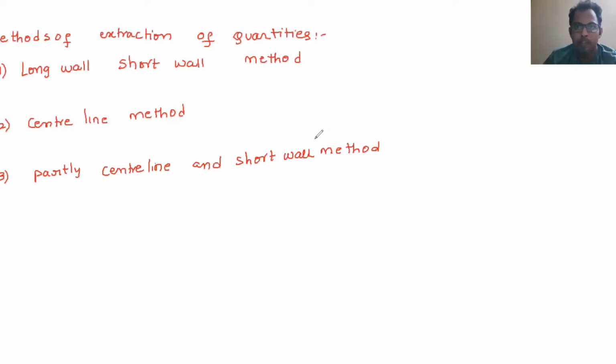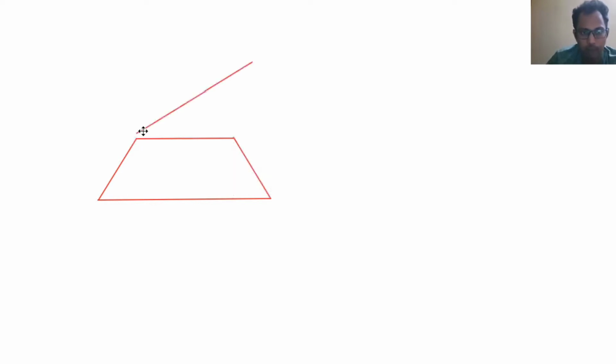For example, if you are finding the quantity of an earthwork, say this is a cross section, or the volume of a ballast.